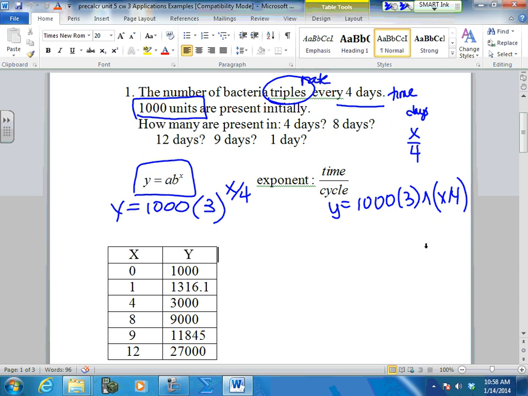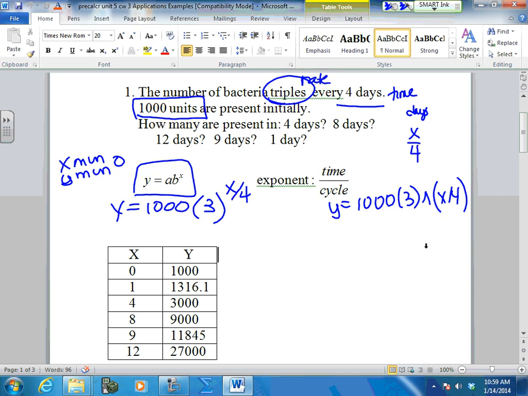Let's see if we can figure out where we should set our window so we can actually see this thing grow. What quadrant should we be in? 1. So automatically your X min and your Y min are at 0. Start by setting your window to that.